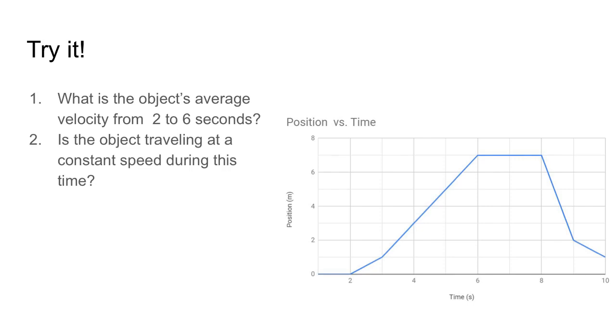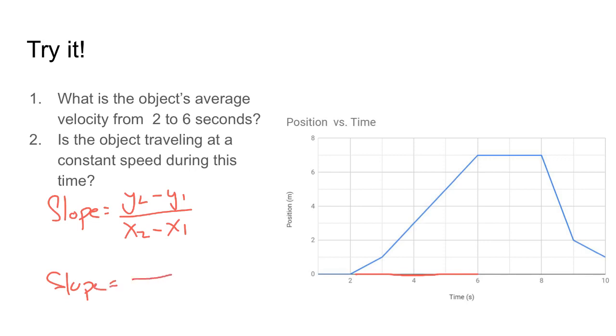So for this one, if I'm looking for the slope, remember I'm looking for y2 minus y1 over x2 minus x1. I can outline this from 2 to 6 seconds. My change in my x was from 6 seconds minus 2 seconds. And my y is going to change from 0 to 7.